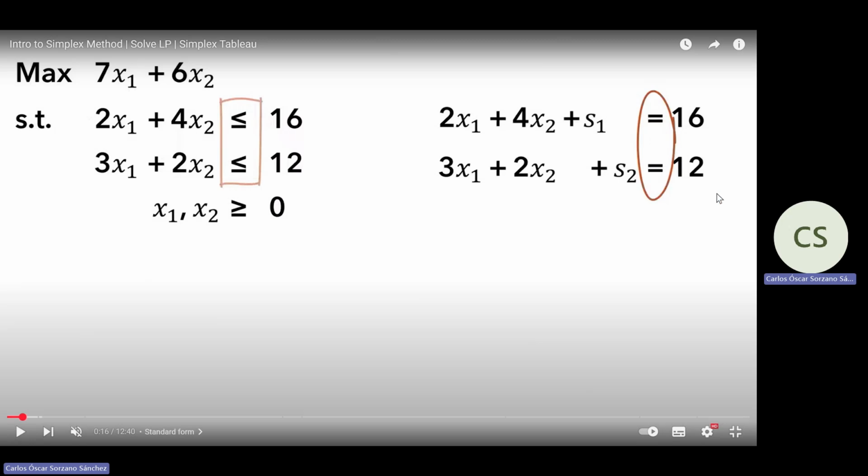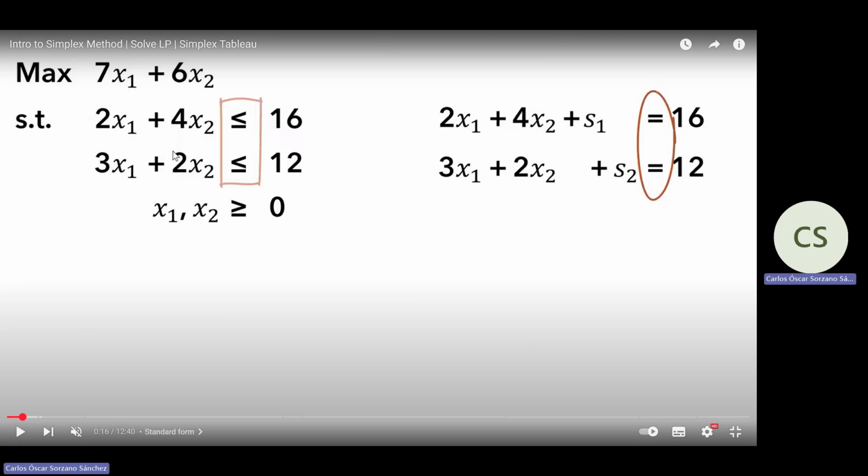The rationale behind this is that this will be smaller or equal to 16. Let's say it is 13. If it is 13, we need to add 3 to reach 16. So this is the meaning of this slack variable. Let's say that this is already 12, and then we don't have to add anything, and then S2 will take value 0.